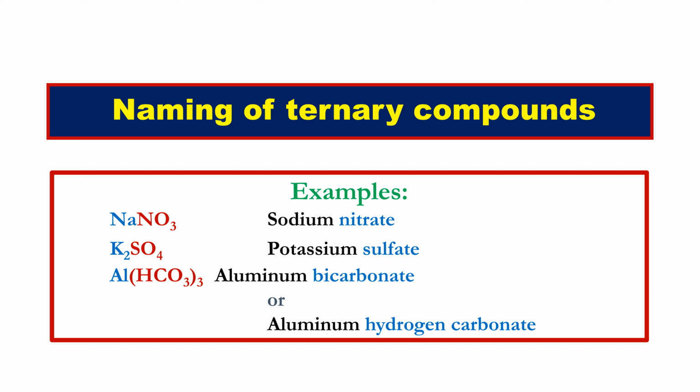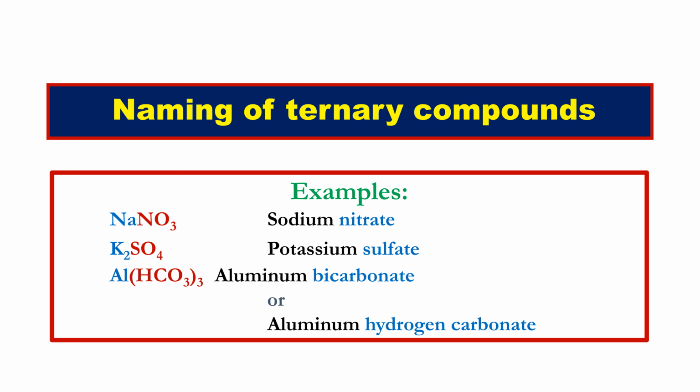Right. We now look at naming of ternary compounds. What is a ternary compound? A ternary compound contains at least three different elements. To name a ternary compound, you name the metal first and then name the non-metals as a polyatomic ion.